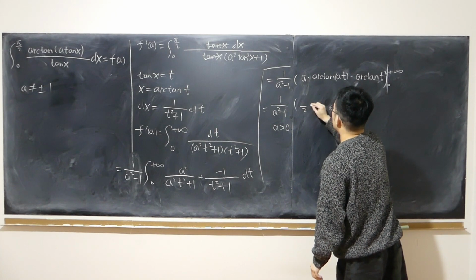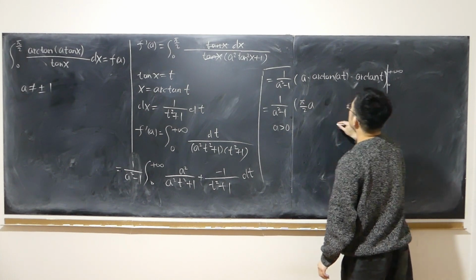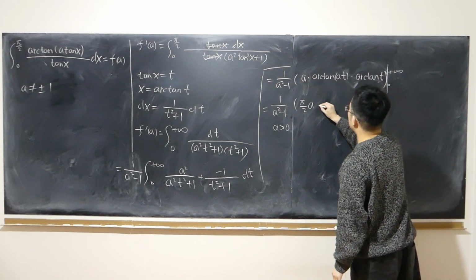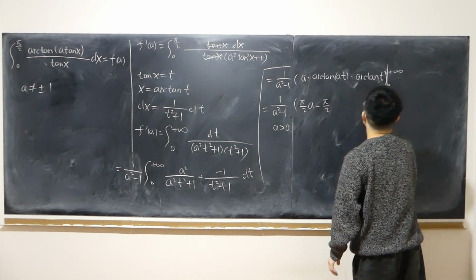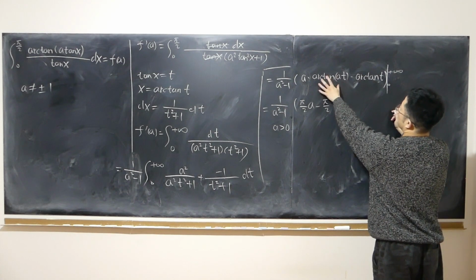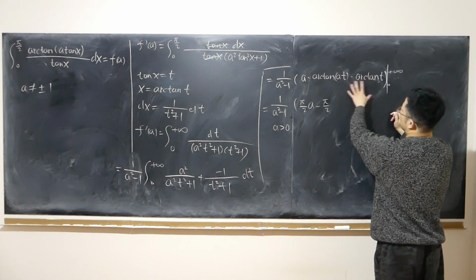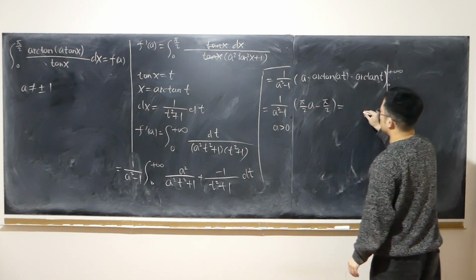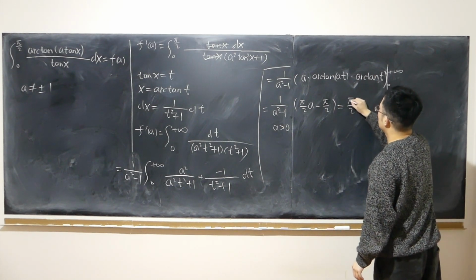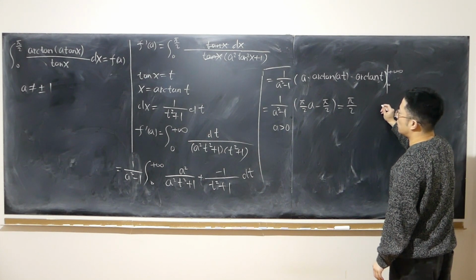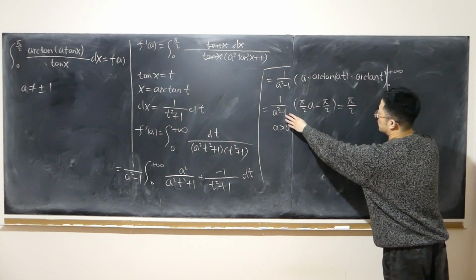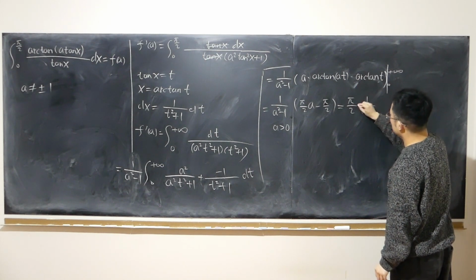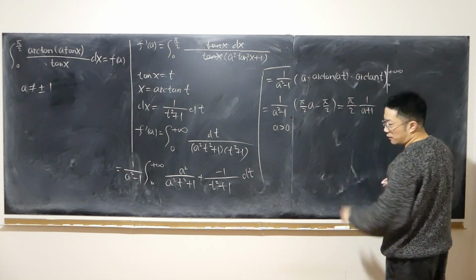So it's half pi times a, minus half pi. And at 0, arctangent 0 is just 0, so no more. So just this. That is equal to half pi times a minus 1 over a minus 1 times a plus 1. That's half pi over a plus 1. So that's when a is positive.